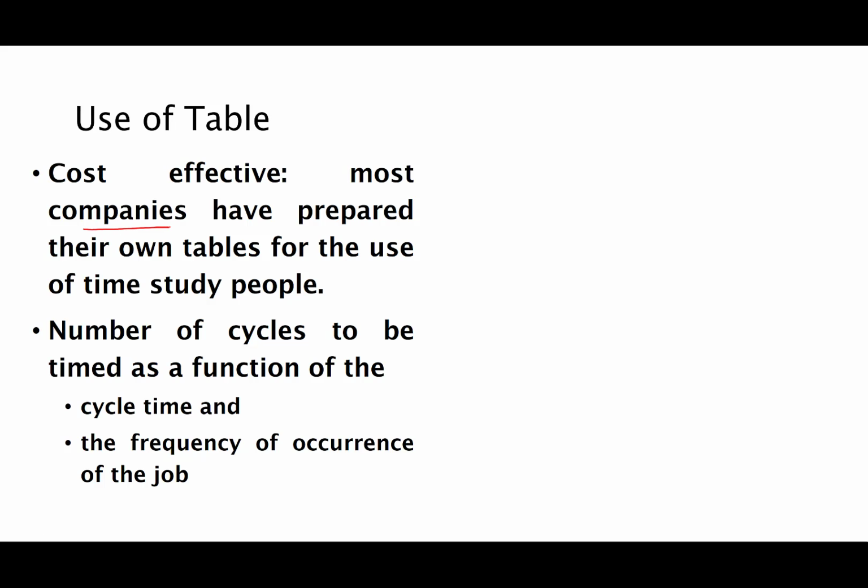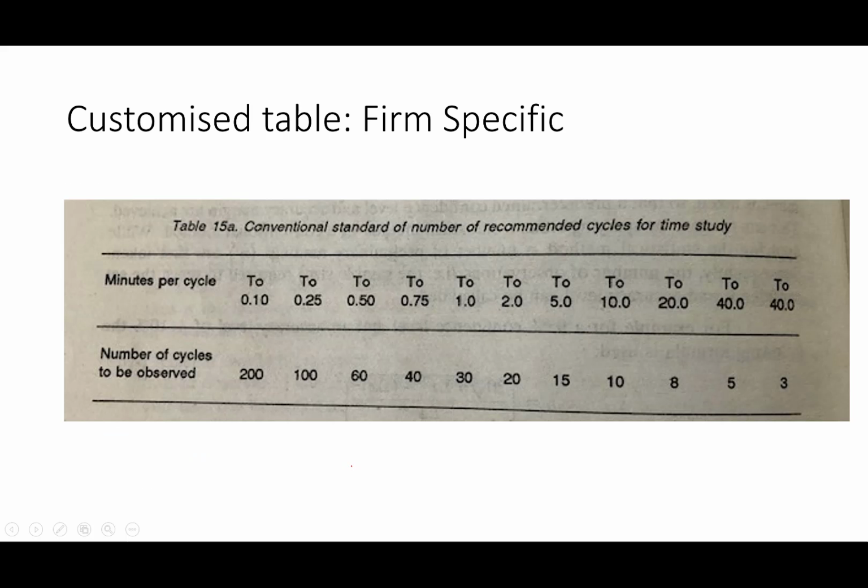Okay, so the companies develop their own tables for the purpose of conducting the time study, which gives the idea of how many observations should be taken for the different types of jobs based on their cycle time and the frequency of occurrence. So cycle time and the frequency of occurrence, these are the two important parameters which are considered in determining the number of observations to be taken.